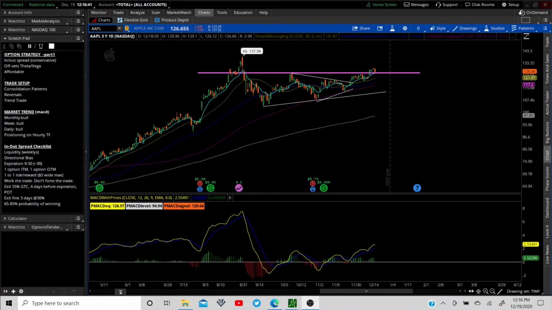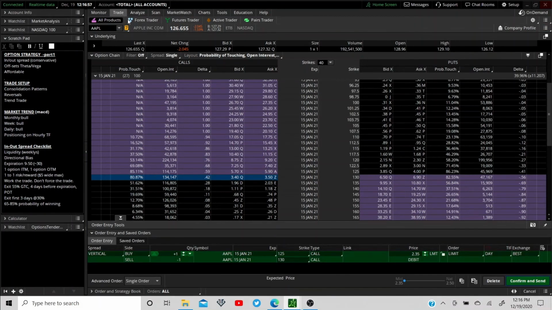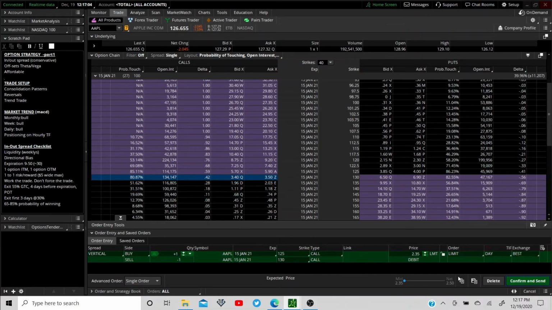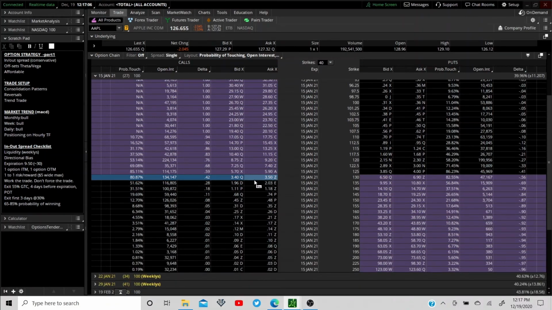And last, and probably the best part for smaller accounts, or like I said, those who are busy doing things, it's very affordable. So the in-out spread, instead of taking Apple here, for example, and going for a call at your 70 delta, that's going to cost you around $7.30.